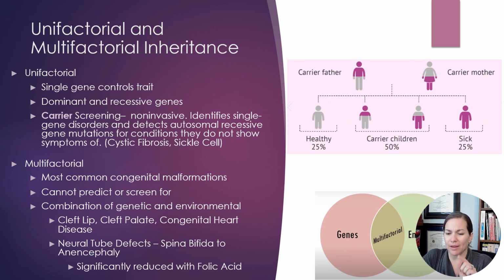My picture in this view is obscuring the little Venn diagram down there a little bit, but you should be able to see most of it in the PowerPoint itself, to get an idea that multifactorial is influenced some by genes and some by the environment. So the genes could be there, but if the environment doesn't produce the exact conditions to express that problem, then you may not see it or you may not notice it.